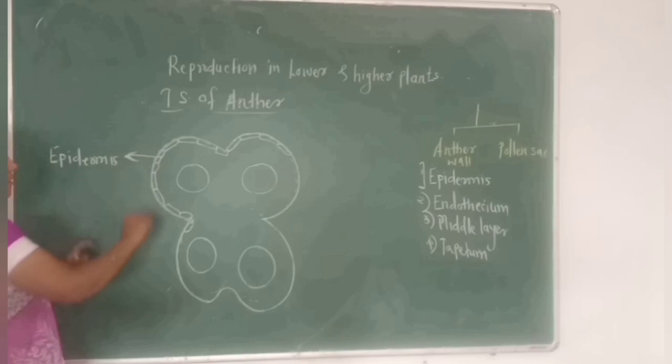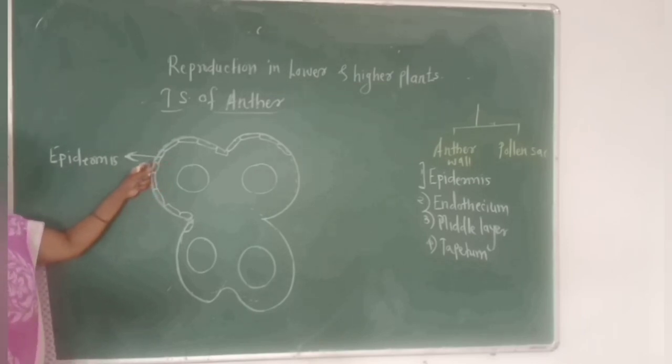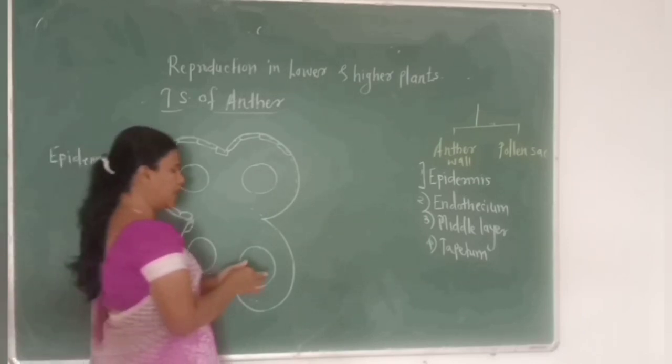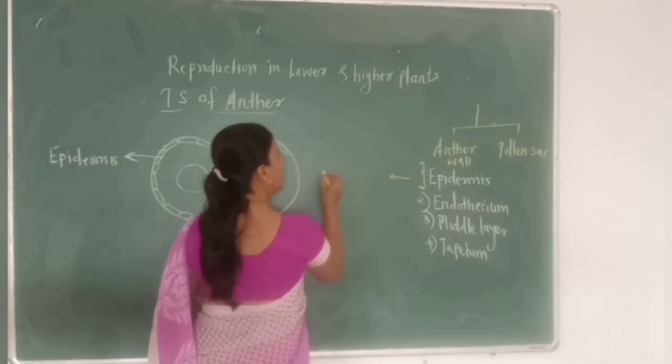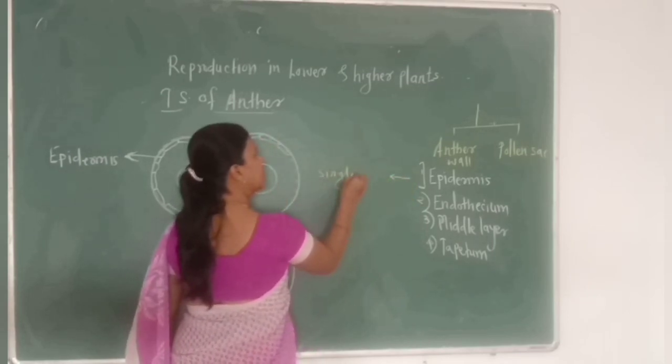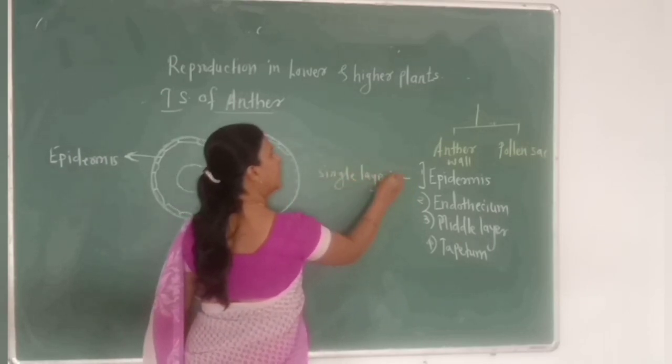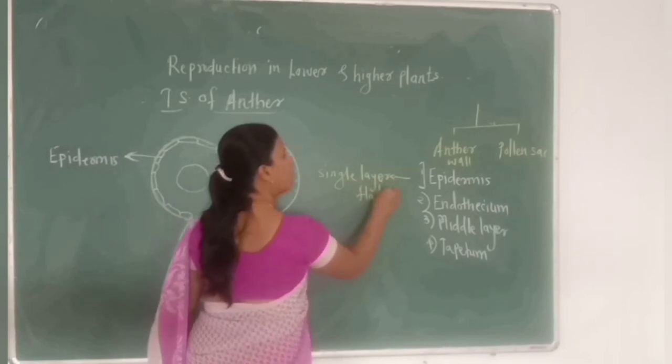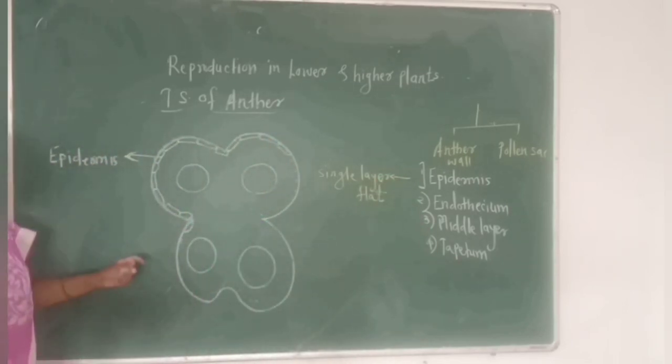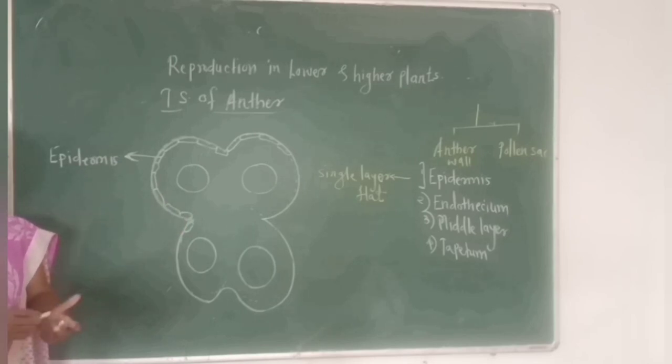As this diagram shows, it is a single layer and it consists of flat cells. As it is the outermost layer, it is protective in function.